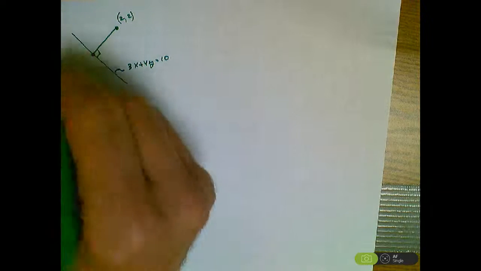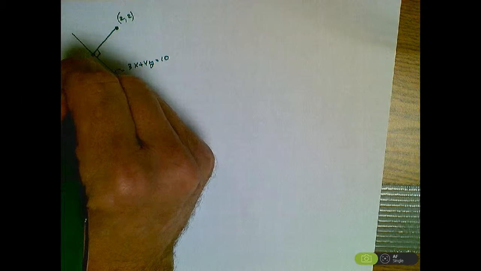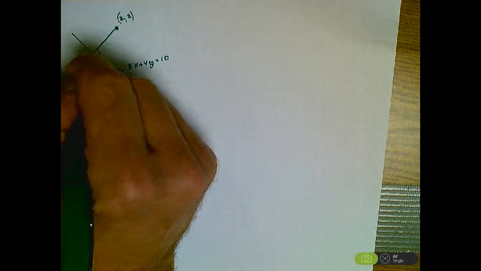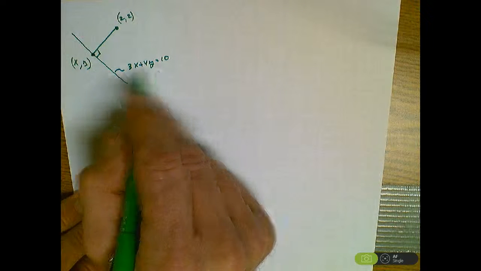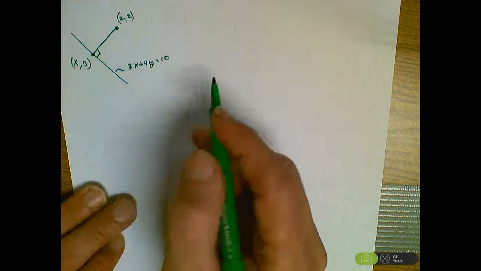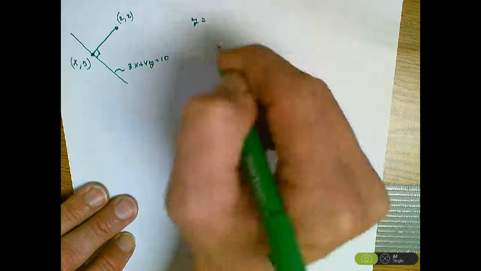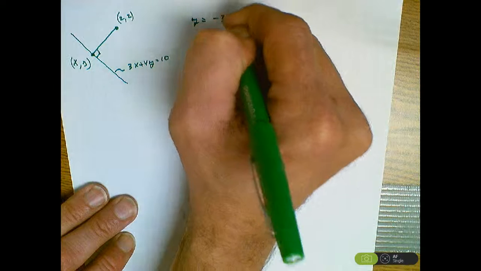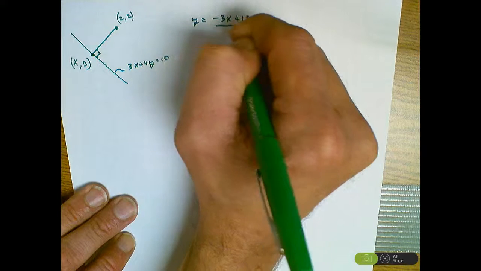So our goal here is to find this point, which we'll call x, y. I don't know what it is. So first, let's turn this equation into slope form and find its slope, because we're going to use the negative reciprocal rule. So y is equal to negative 3x plus 10 over 4.